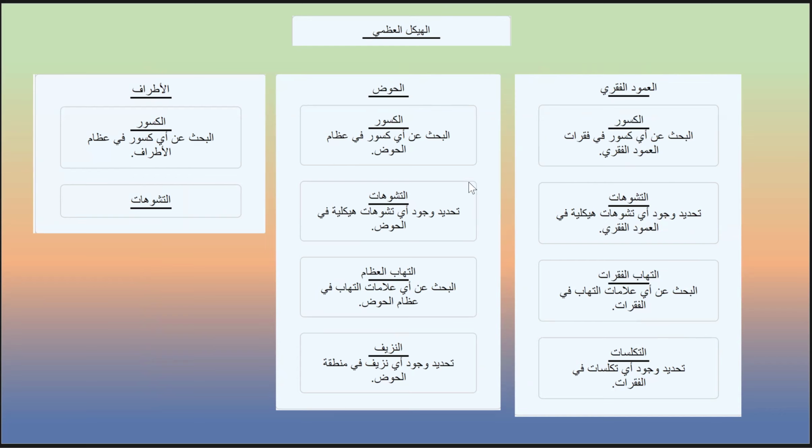In the pelvis, we look also for fractures and any abnormalities in the pelvis and inflammation, and we look for signs of hemorrhage in the pelvic region. And in the extremities, including in the abdomen, we look for fractures.